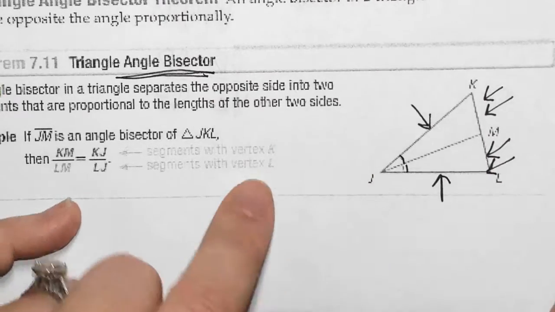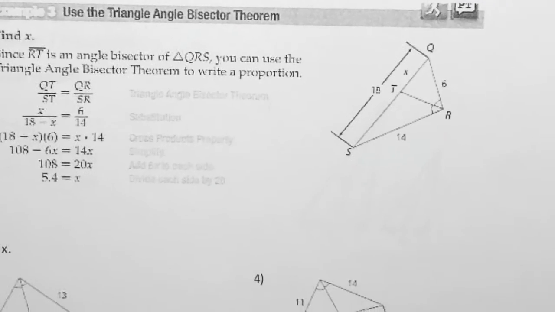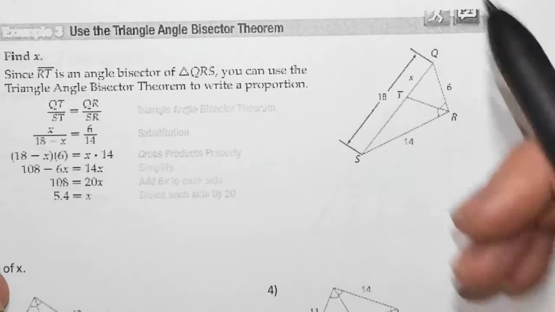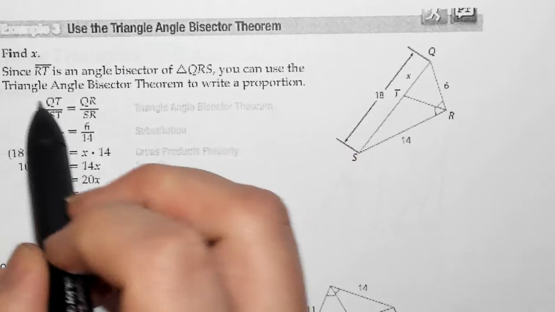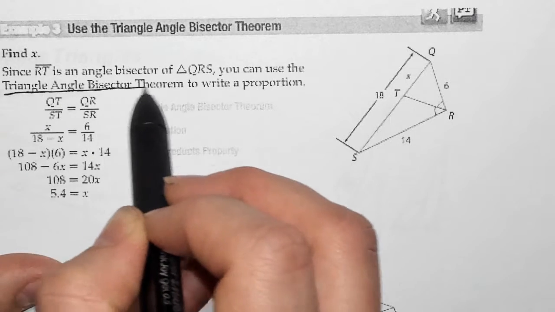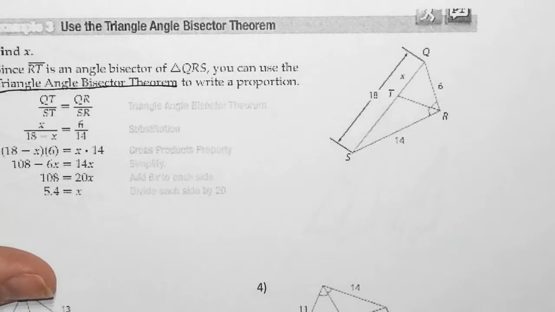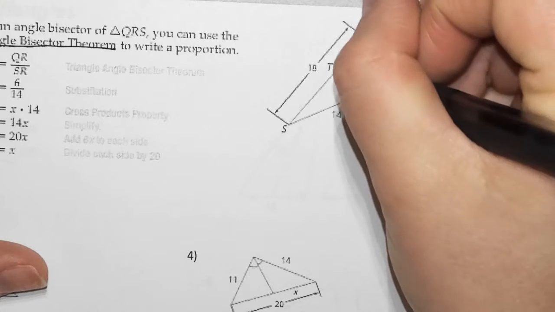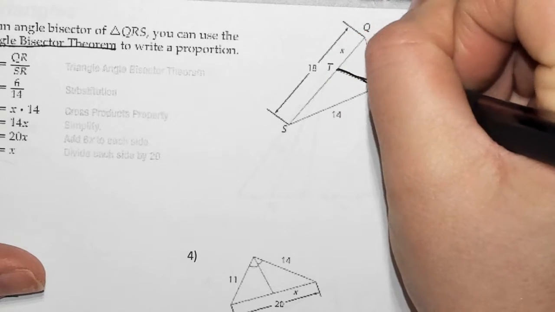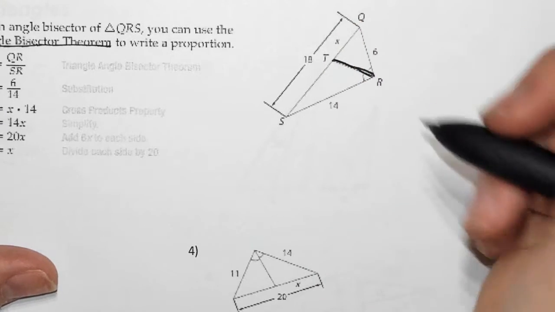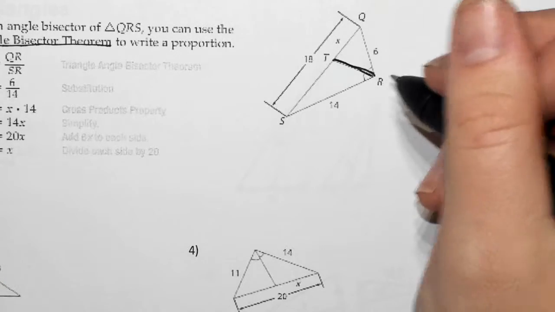Let's try it. Okay, so flip the page. So in example number 3, we only have 1 triangle. So we're going to use the triangle angle bisector theorem. So instead of setting our angle bisector proportional to anything, we're going to set the side. Which side do you want to start with? 6.